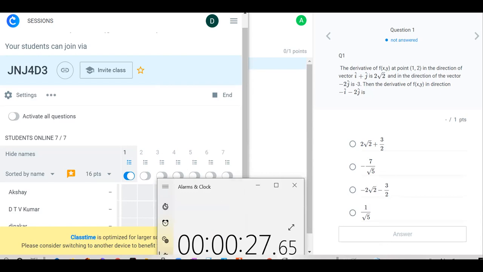First question. It's a directional derivative problem. Please attempt.